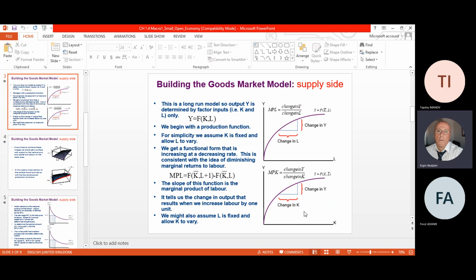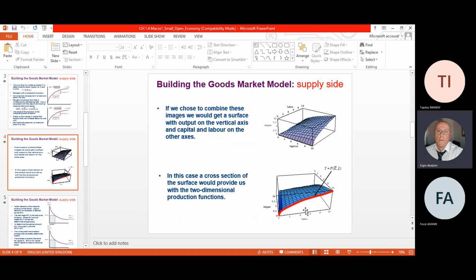Okay. And building the goods markets model, as indicated in the two-dimensional graph, you see the labor and capital now together, and output is on the vertical axis.